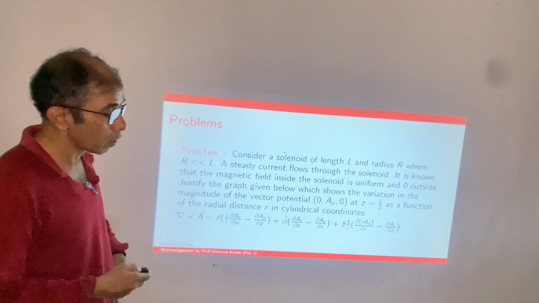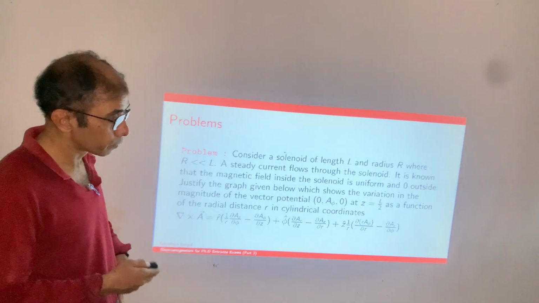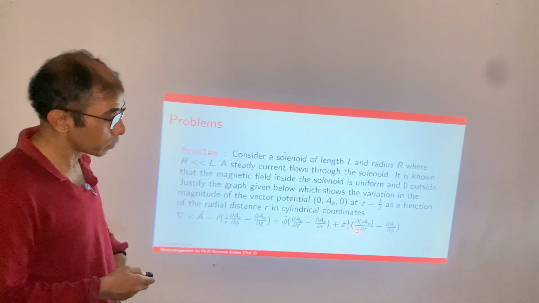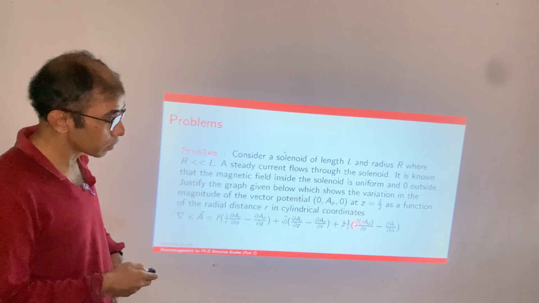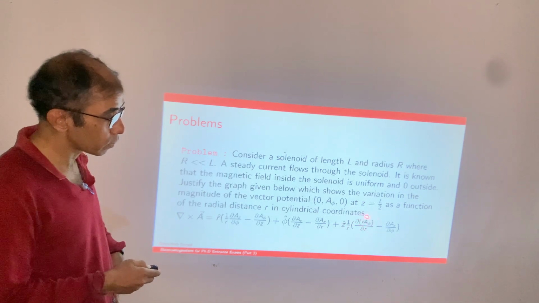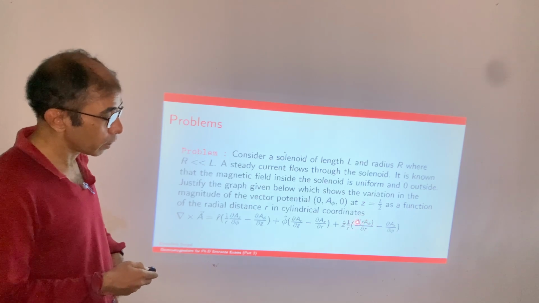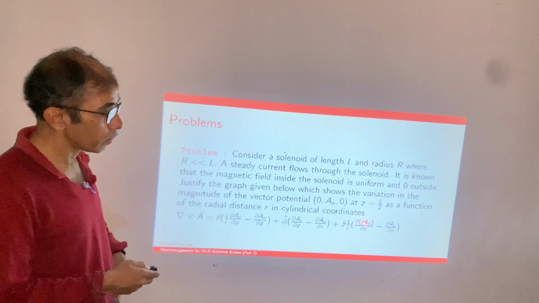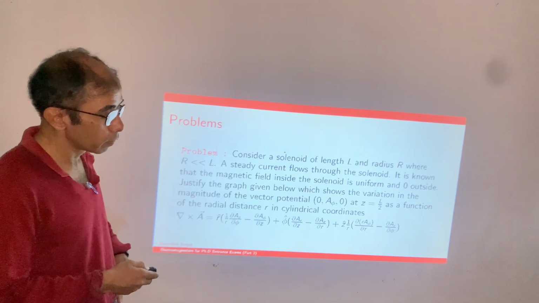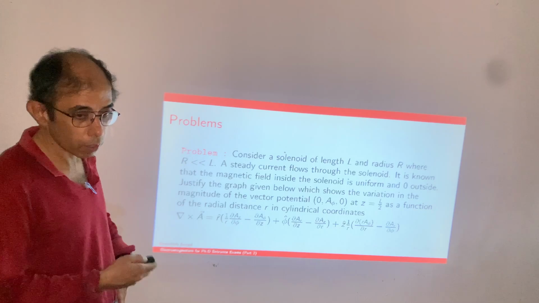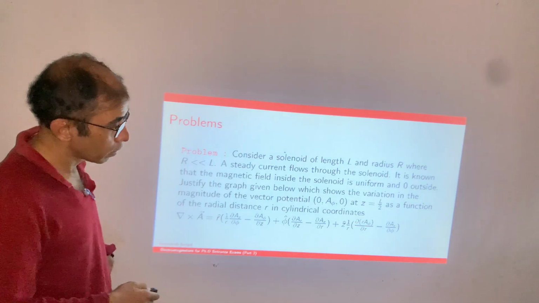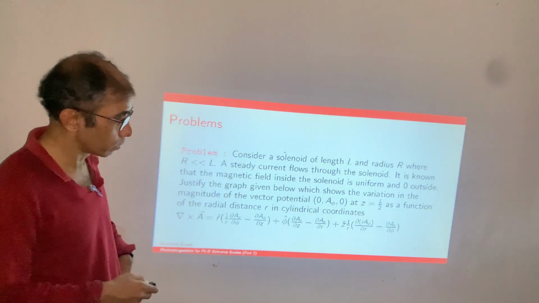Outside the solenoid, I want B to be 0. So that means this has to be some constant, and the derivative of a constant will be 0. So how can it be constant? If A phi goes as 1 by R, then the R cancels, there is no R dependence, then del R will be 0, and hence we will get 0.